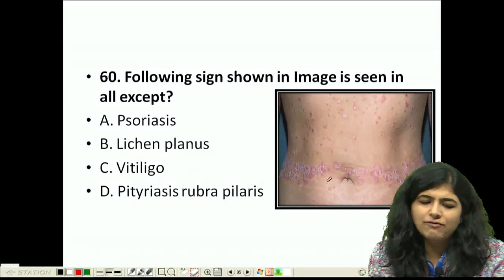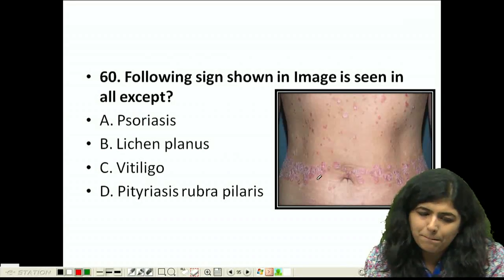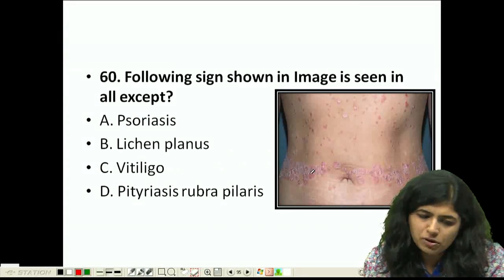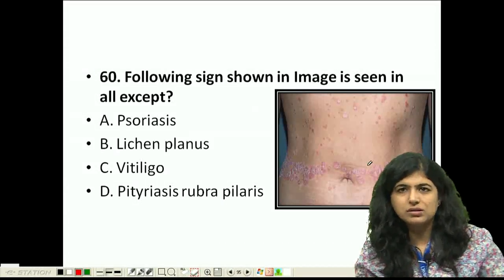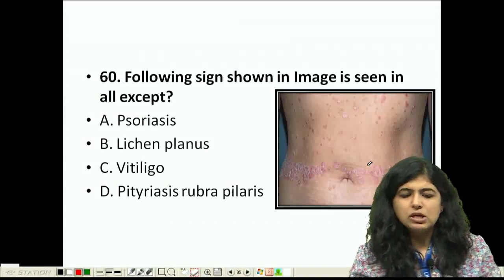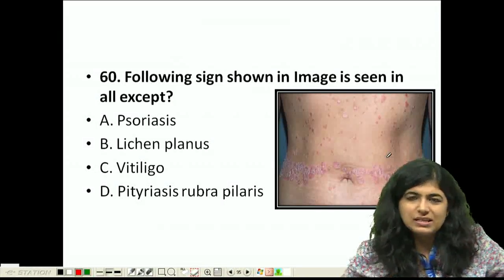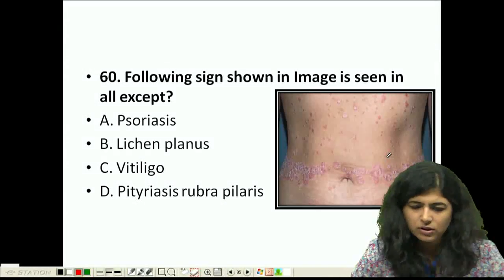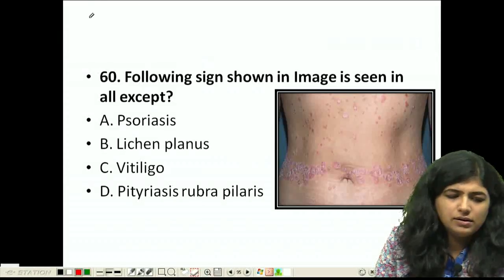This is a photograph in which there are some lesions somewhere on the body, but there is a predominant distribution along the waistline where you generally tie your trousers or the salwars in the females. So there is lesion at the site of trauma where the skin is having the elastic of the trouser. So what is the sign called as?